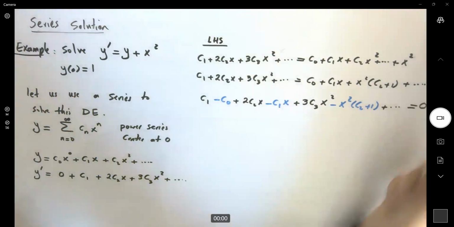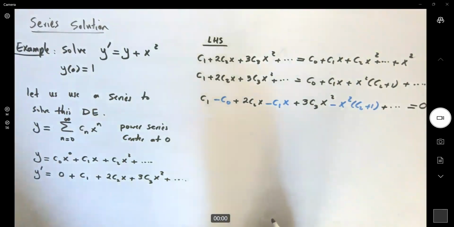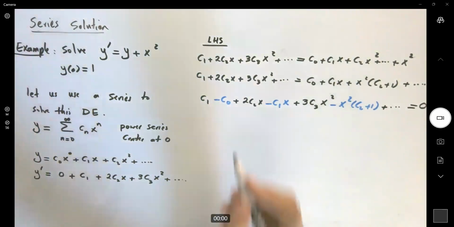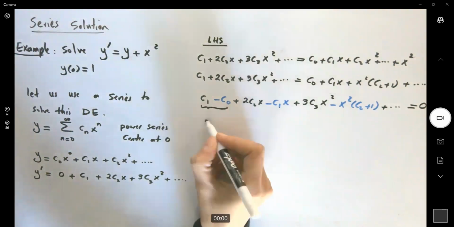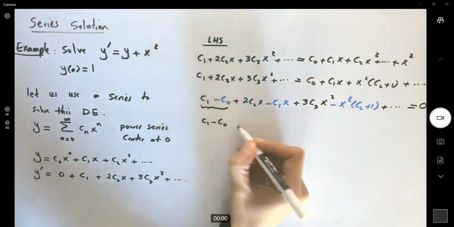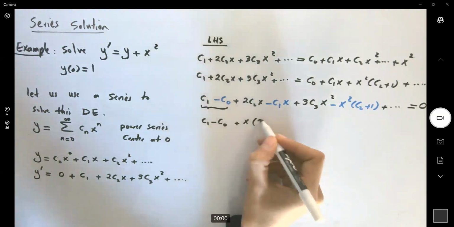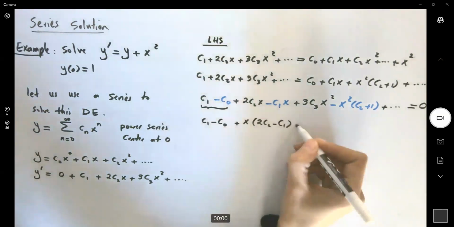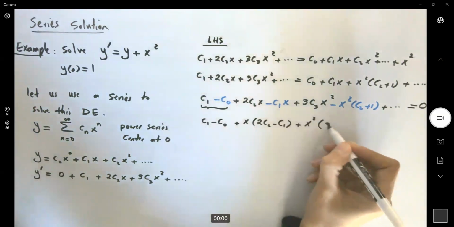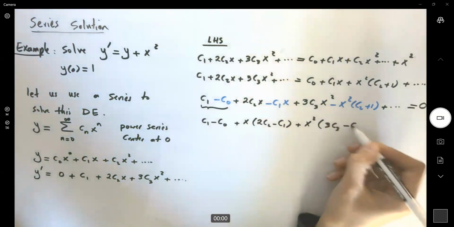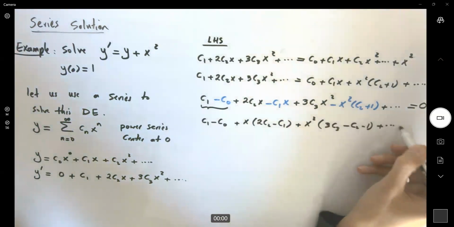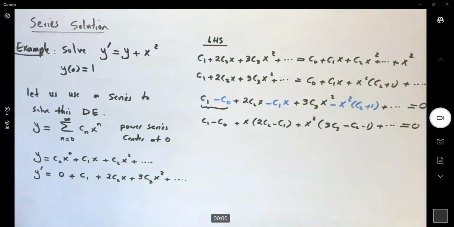And on the right-hand side, you're going to have 0. So let's see what's happening here. My constant is c1 minus c sub 0. And I have x times (2 c2 minus c1). I have x squared times (3 c3 minus c2 minus 1), plus the rest of the terms equal to 0.